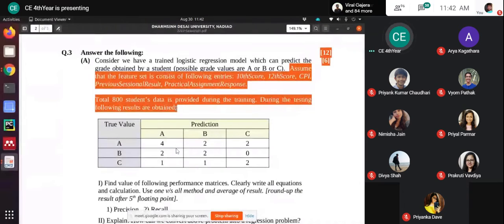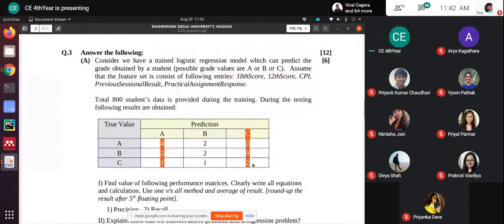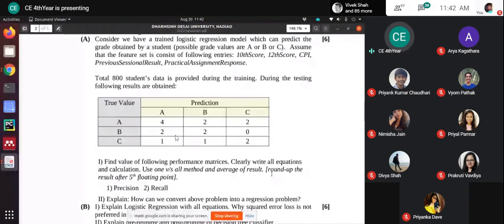To write the answer to our question, you just need to focus on this table, and as mentioned over here, you have to round the result after the 5th decimal point.